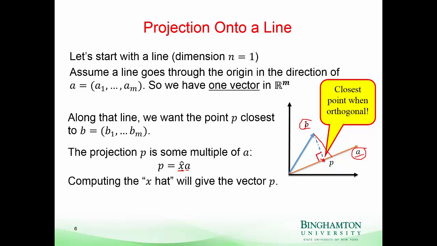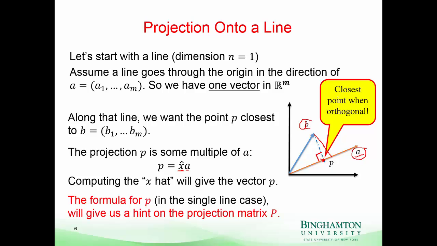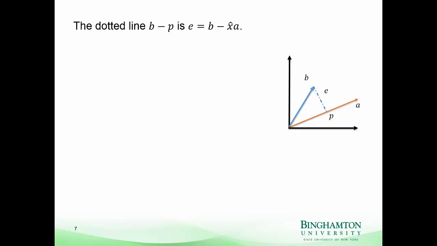So we use x hat as the thing that we need to find first. Once we find it, we just multiply that by A, and it gives us the vector P. This is the one-dimensional case, but we're really more interested in the general higher dimensional case. This will give us a hint as to how it's going to work and what it's going to look like.